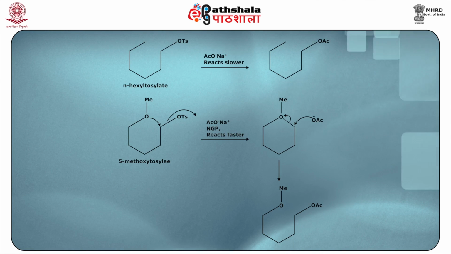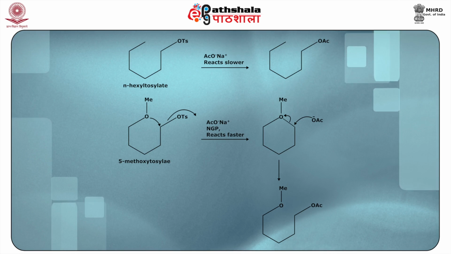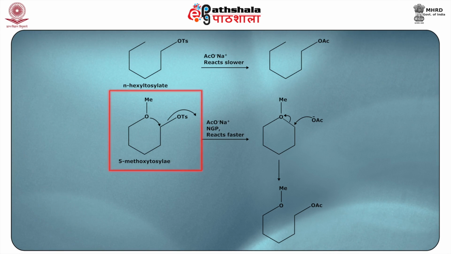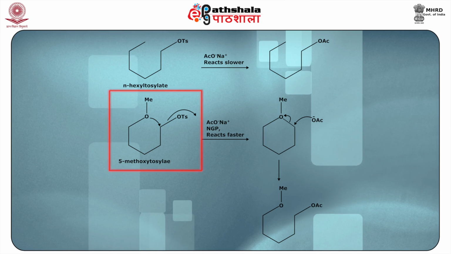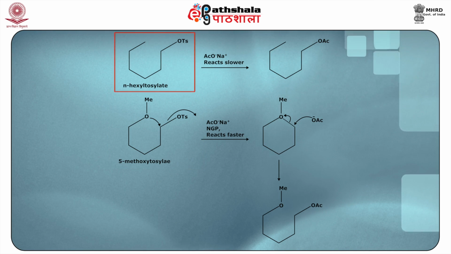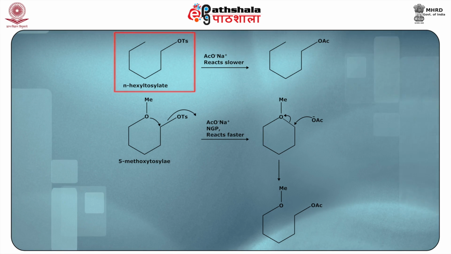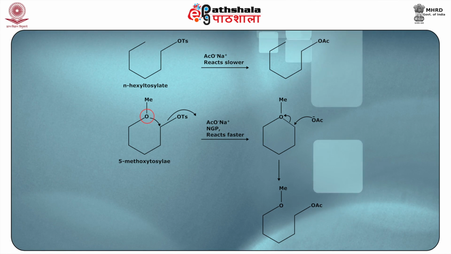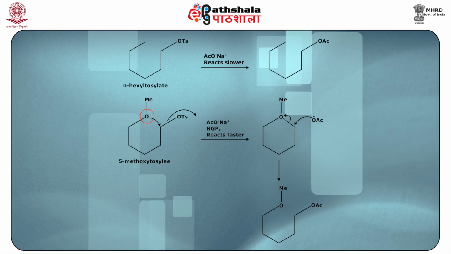The reaction which proceeds via such participation has been shown to have an enhanced rate of reaction. For example, look at the following scheme. Here, the 5-methoxy tosylates undergo acetolysis faster than n-hexyl tosylates, and this is because of the neighboring group participation of the oxygen atom of the methoxy group.